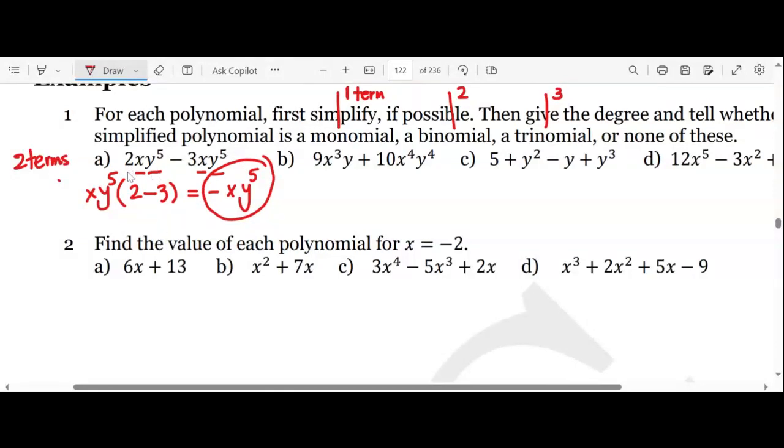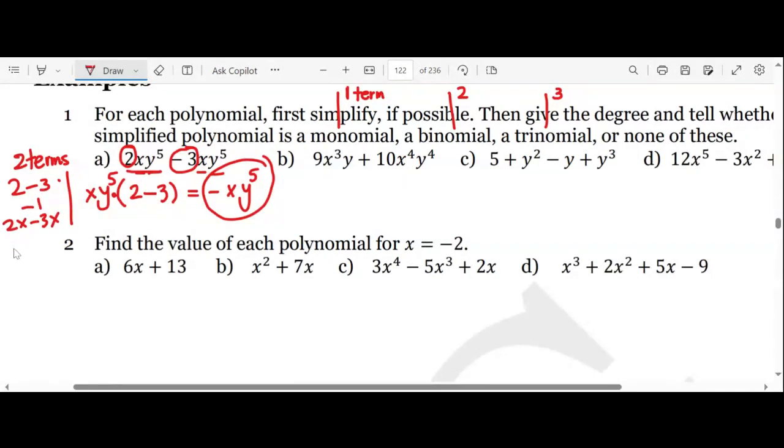We subtract. You have 2 and you have minus 3. For example, if I have 2 minus 3, what's the answer? Minus 1. So if I have 2x minus 3x, what's the answer?